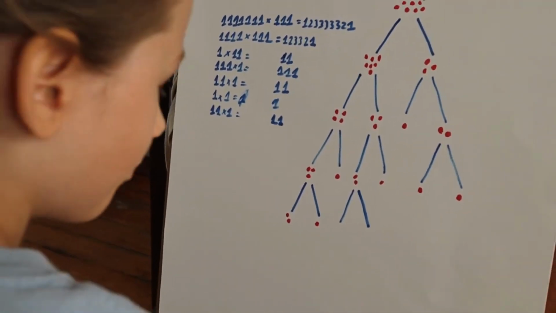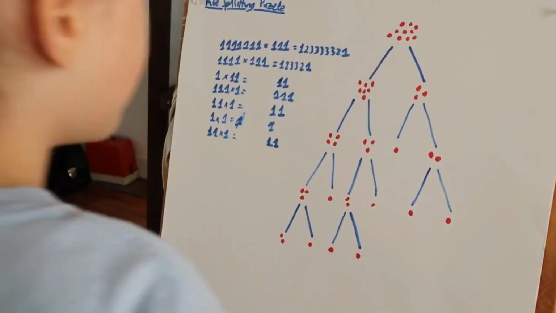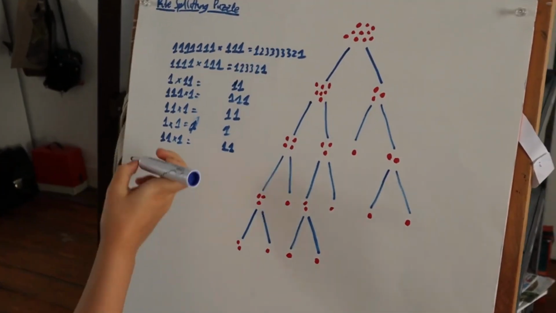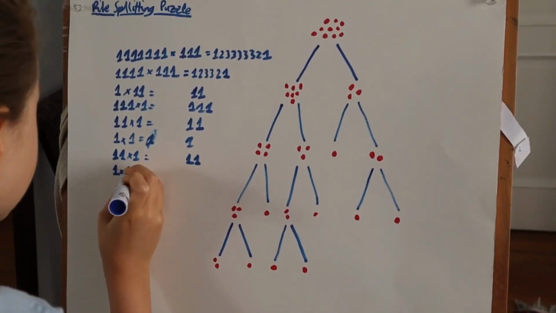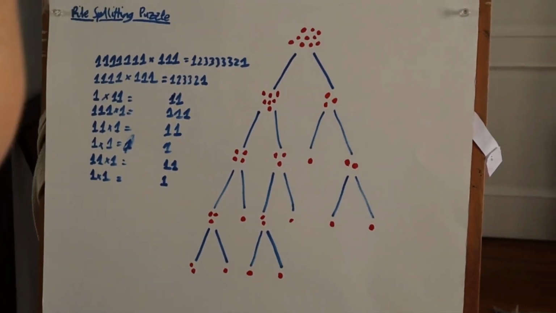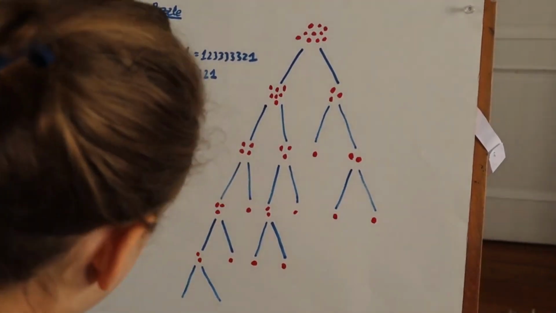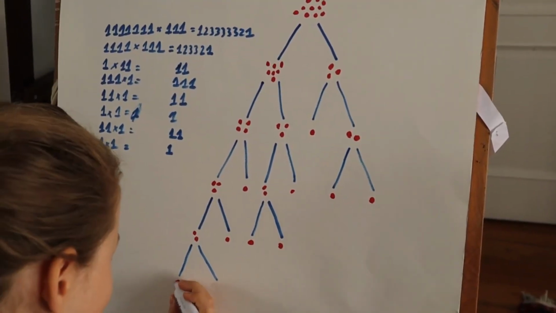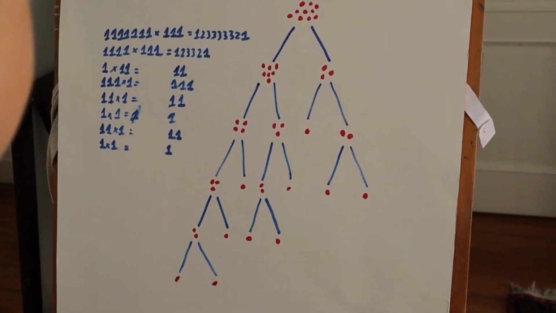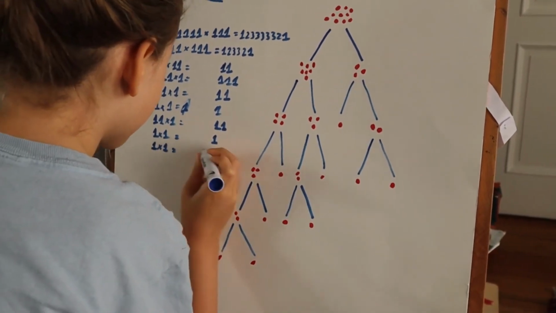Okay, I'm gonna do it for you. 1 and 1. 1 times 1 is 1. And finally, split 2. Okay, look, it's gonna be 1 and 1, right? So we get 1 times 1 is 1.